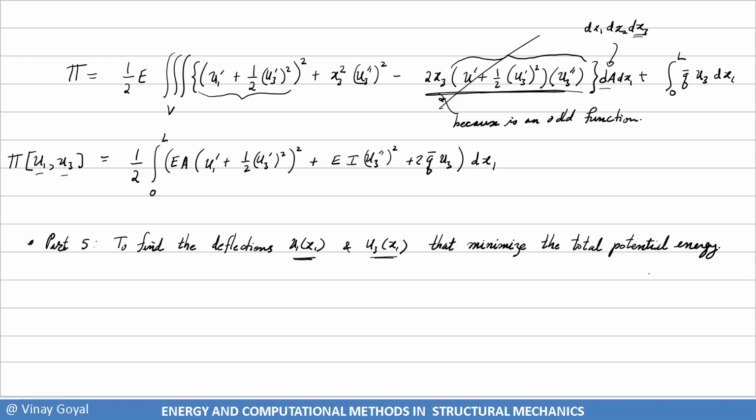Because we know that those deflections that cause the minimization of pi are the ones that result in the system being in equilibrium. So we're invoking the theorem of total potential energy.